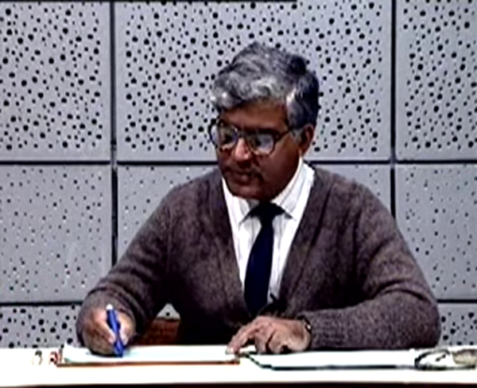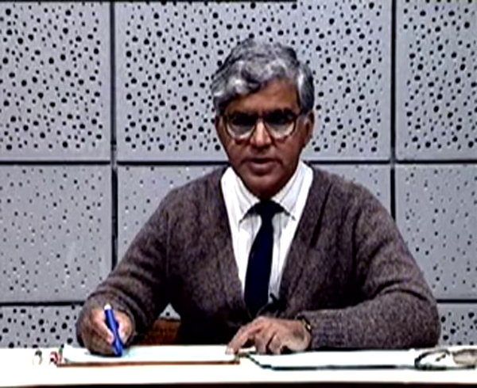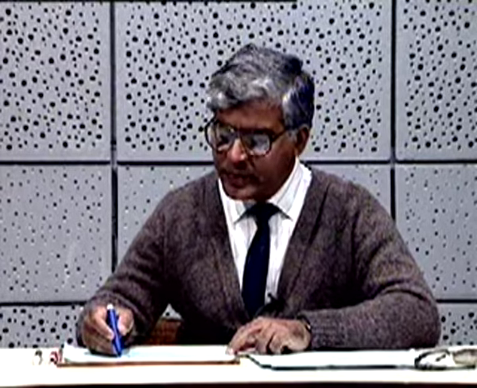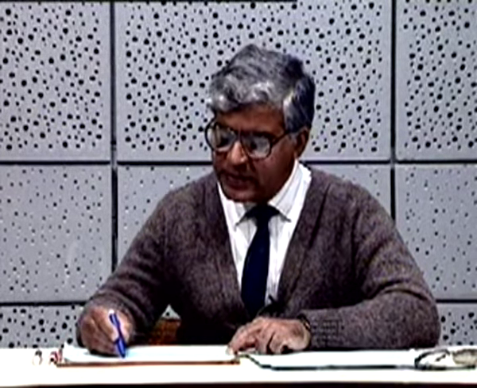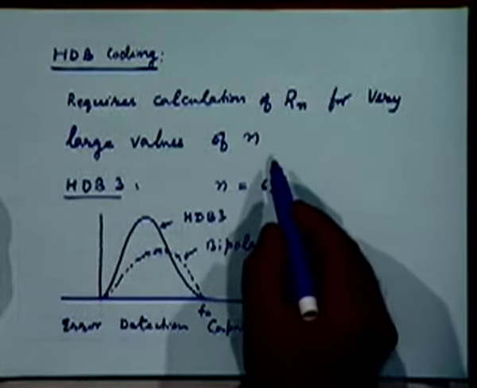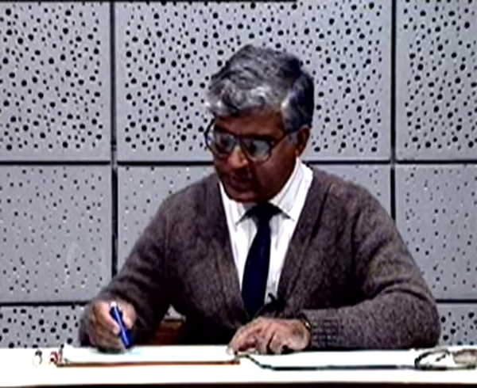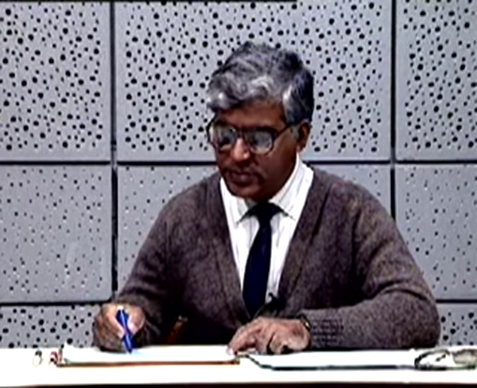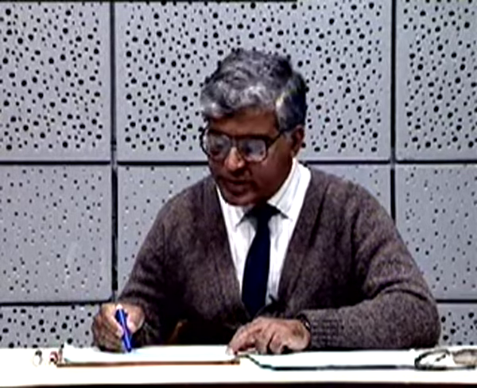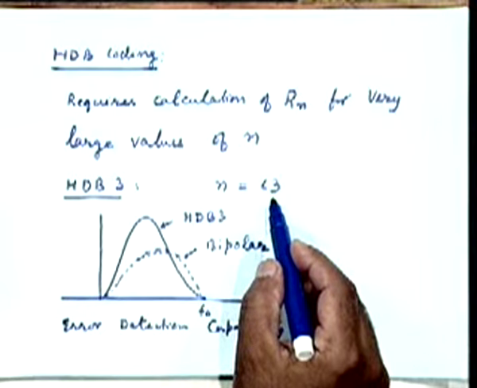The waveform after coding has correlations existing for large values of the index n, and therefore it does not decay to 0 very quickly, which means you have to evaluate a very large number of these coefficients to be able to get some kind of a good idea about the spectrum of HDB codes. For example, for HDB3 to be able to approximate well, you need at least n equal to 63, right?